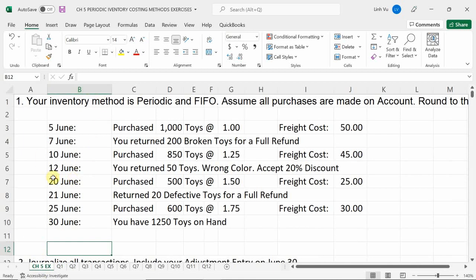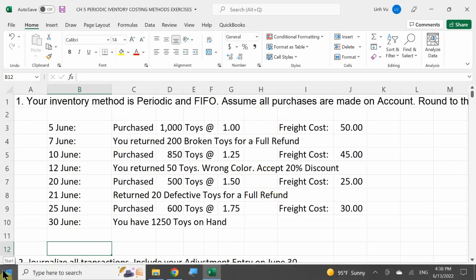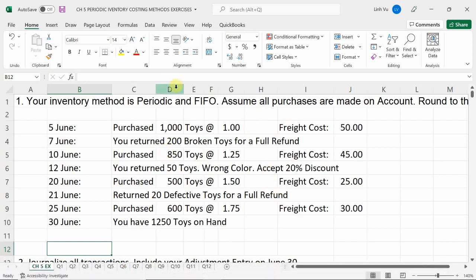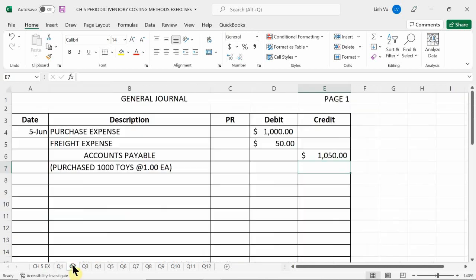So then let's see what happened next. On June 7, we end up returning 200 of those broken toys for a full refund. Okay? So in this case, how am I going to journalize a return for a full refund back to the vendor?